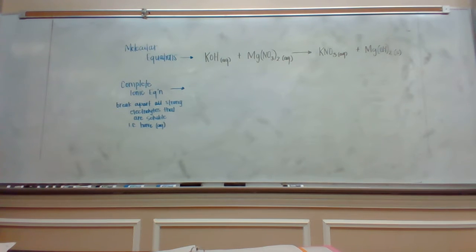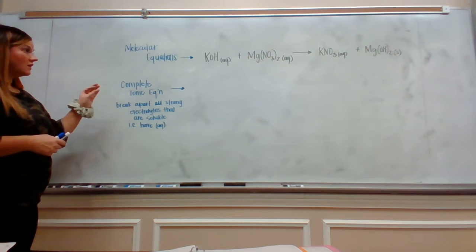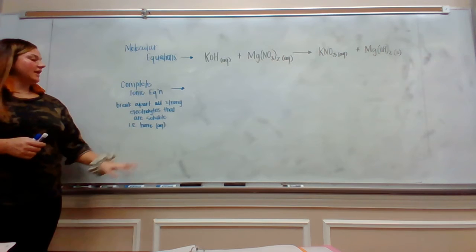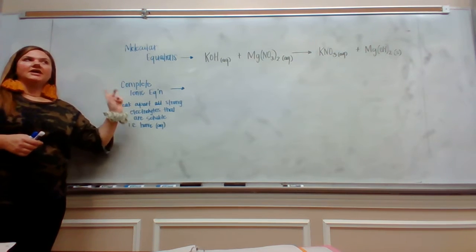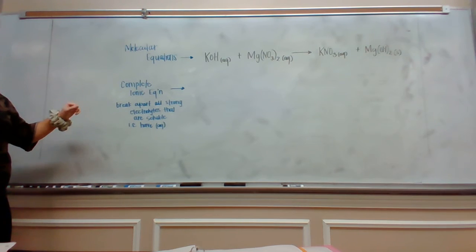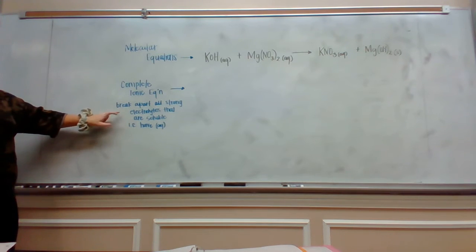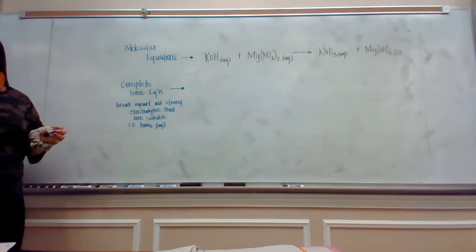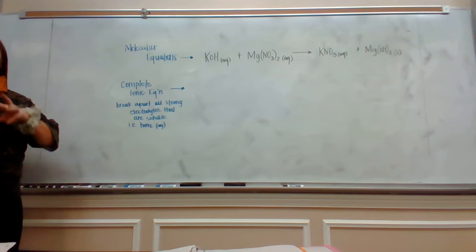What I mean by soluble is they're going to have the (aq) behind it. So for all the reactions we've done so far, anything that has an (aq) behind it is a strong electrolyte. We're going to apply this to acids and bases, and that will be the case, but I'll tell you about that when we get there. So we're going to break apart everything that's a strong electrolyte that has an (aq) behind it, because that's how it really exists in the solution. It's just that ion floating around.